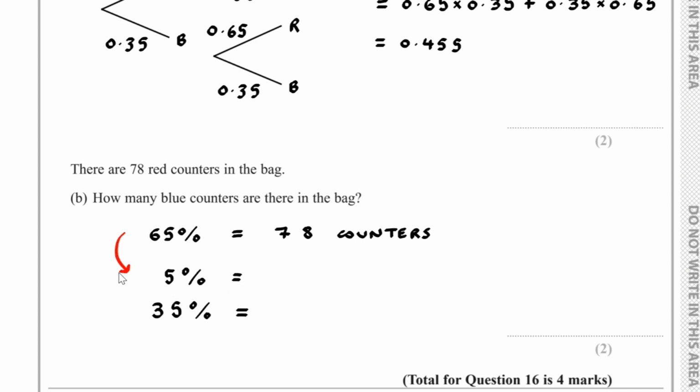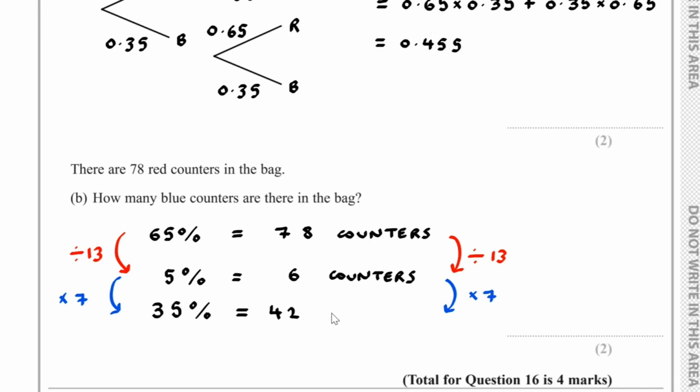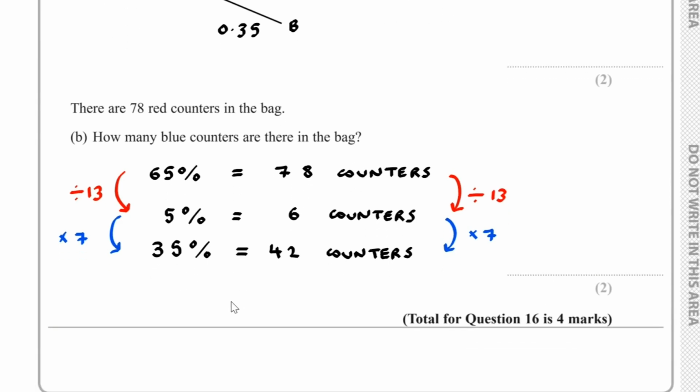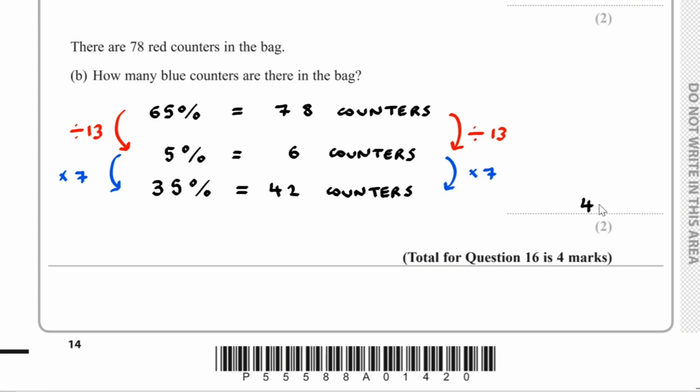So to find out what 5% is worth, well, I need to divide 65 by 13, and therefore the 78 divided by 13, that tells me that 6 counters are represented by 5%, and therefore for 35% I need to multiply by 7, so therefore we have 42 counters represented by 35%, and therefore we have 42.